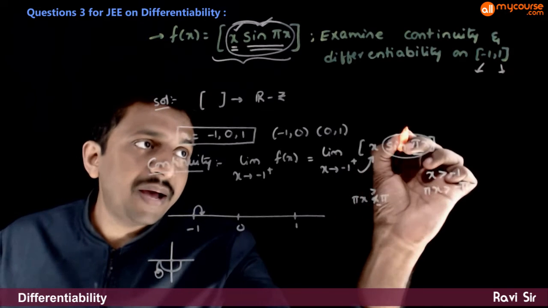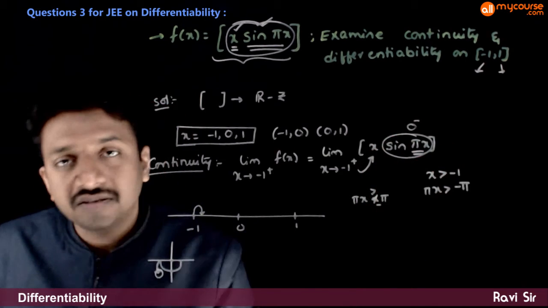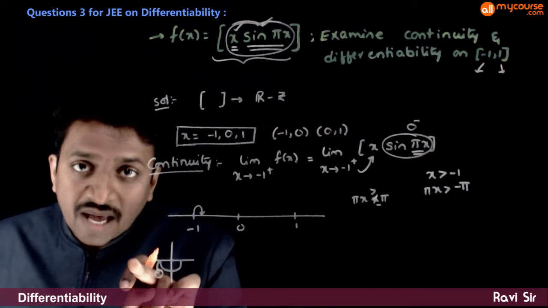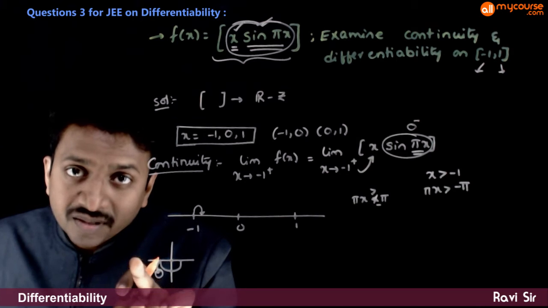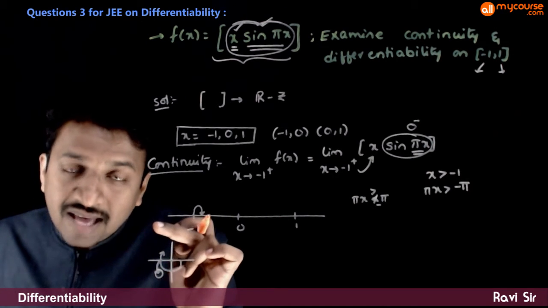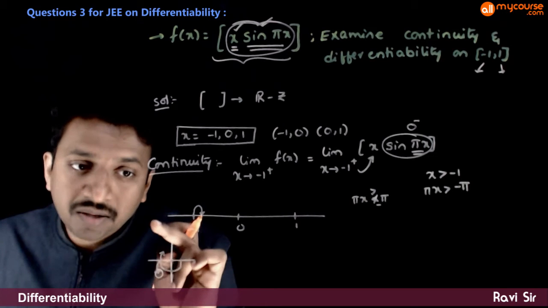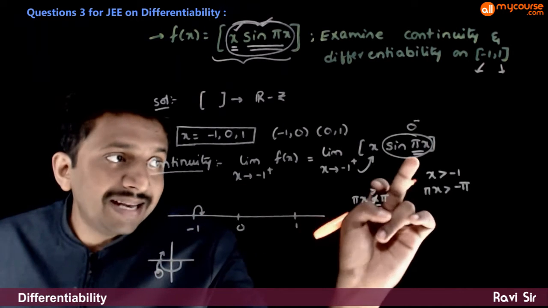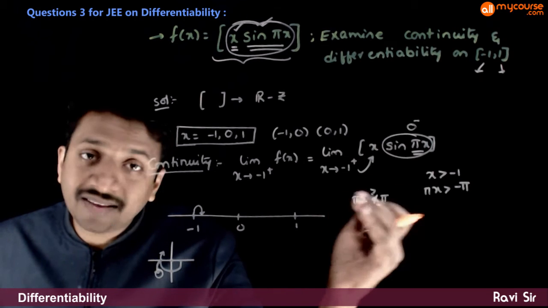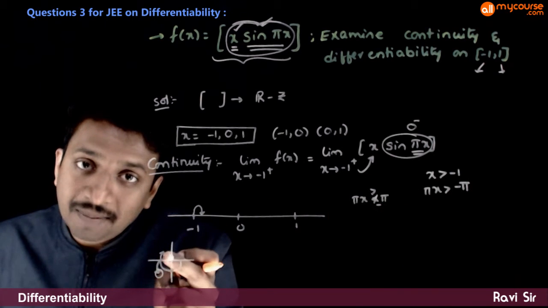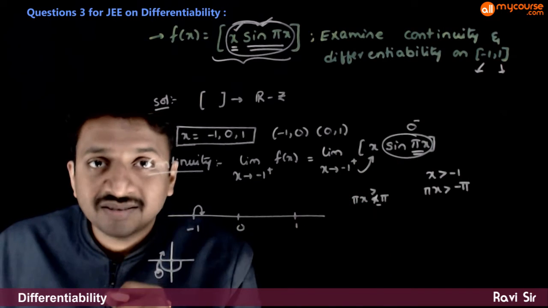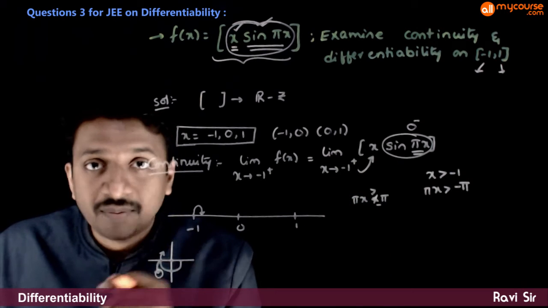That means sine pi x tends to 0 minus. Exactly at minus pi, the value of sine is 0. At minus pi minus, the angle goes into the second quadrant, you get a positive number. At minus pi plus, you get a number in the third quadrant. So sine pi x is in the negative neighborhood of 0.